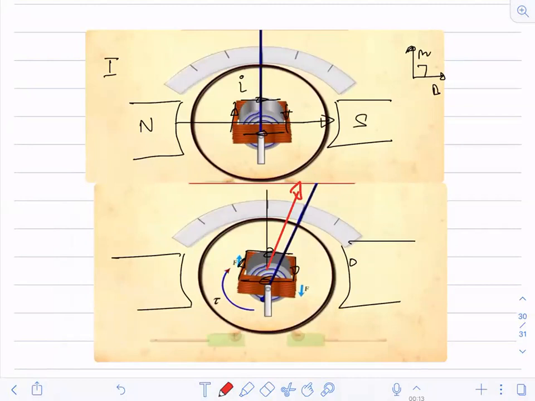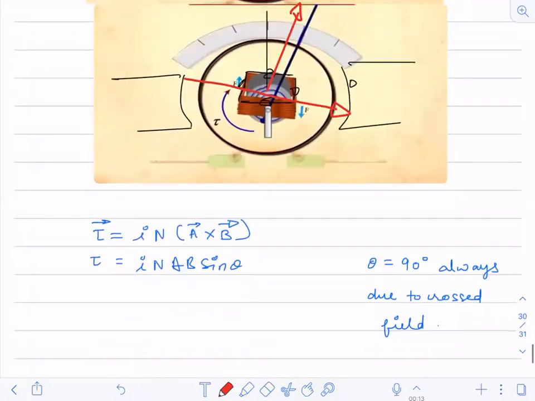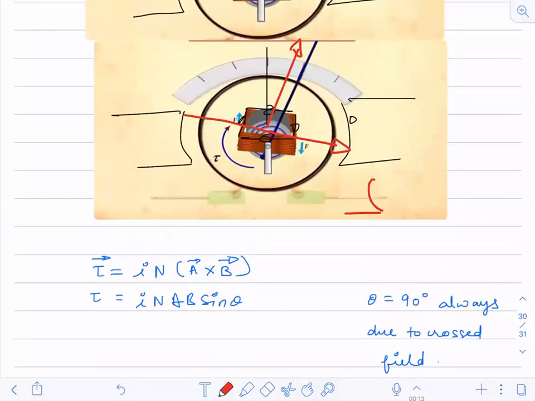Now for this magnetic moment, you will have a magnetic field like this. How will this magnetic field be generated? It will be generated like this, in this way.